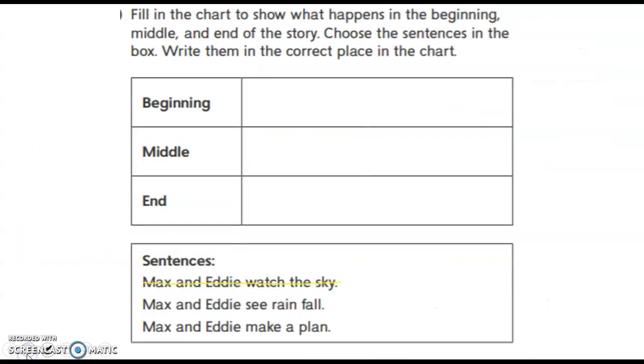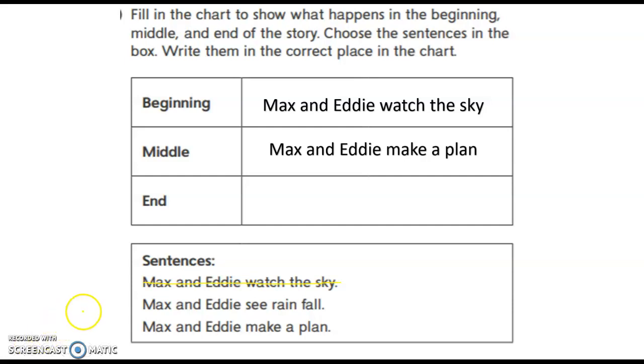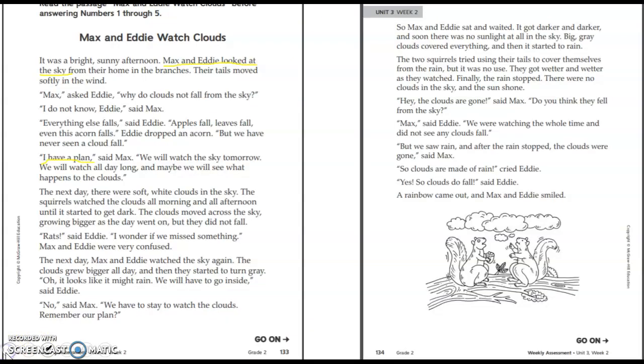So first, they watch the sky. In the middle, they make a plan. And I've used that one, so I'll cross it out. Max and Eddie see rainfall. That's what's last, but I'd like to go back and just make sure.